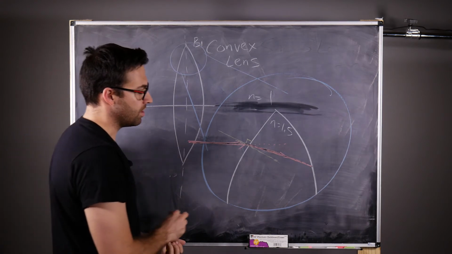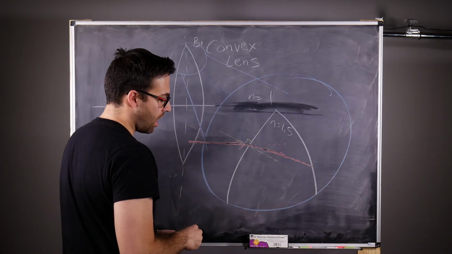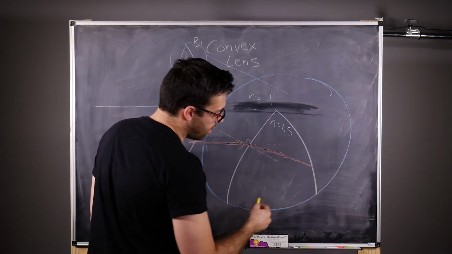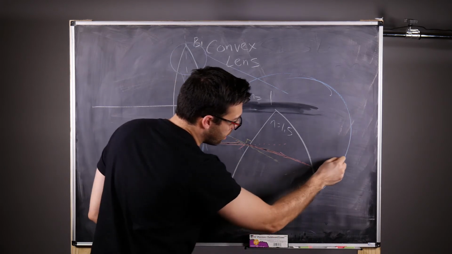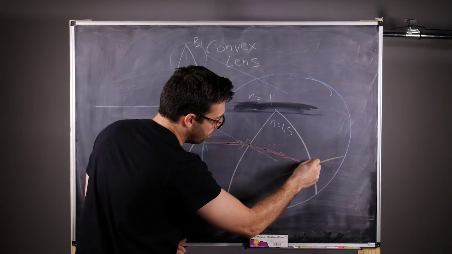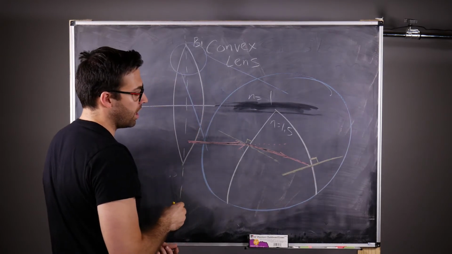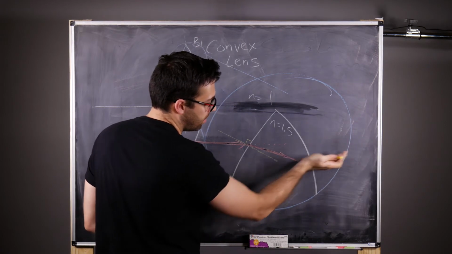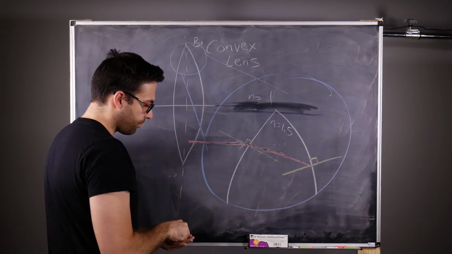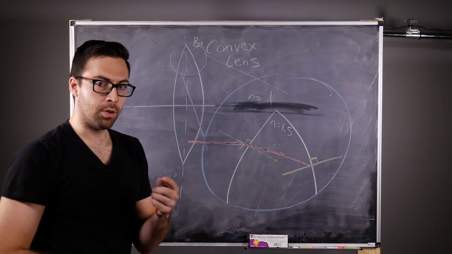Now what happens when it hits this other side of the lens? Well, we draw another normal. So this normal is now like this, right? We have a different normal for this surface, another right angle, a perpendicular line to this surface. And now look what happens.